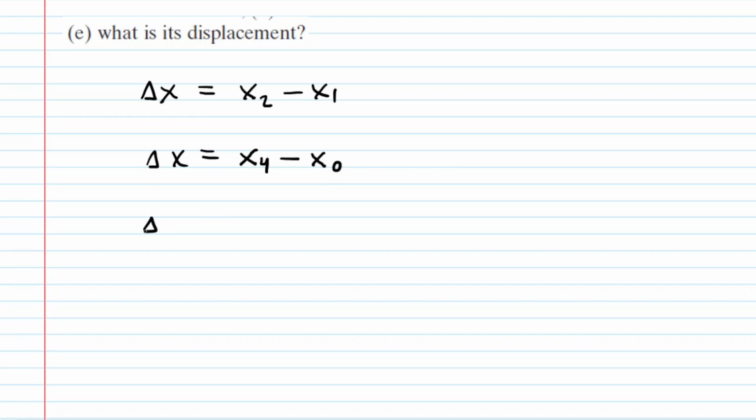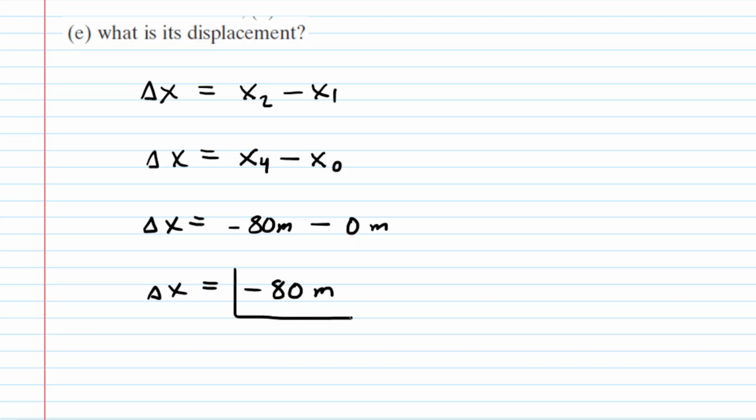Now remember, we've calculated those positions. We plugged 4 seconds into the position function and we got negative 80 meters. We plugged 0 seconds into the position function and got 0 meters. So we can see that the displacement delta x would simply equal negative 80 meters. So this is the correct answer to part E.